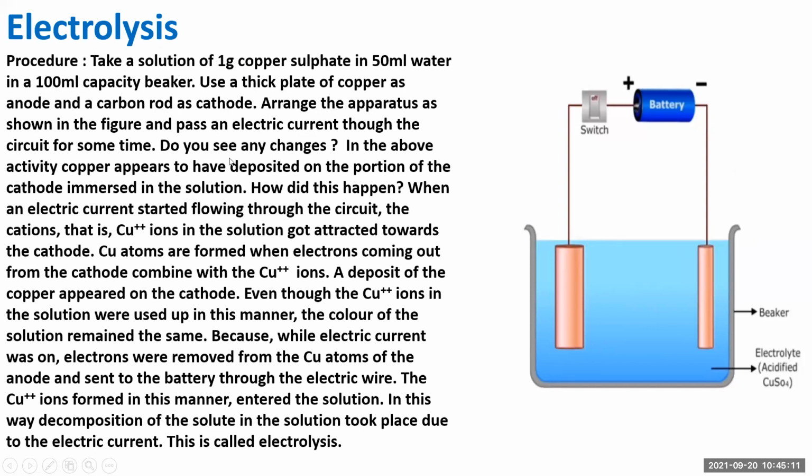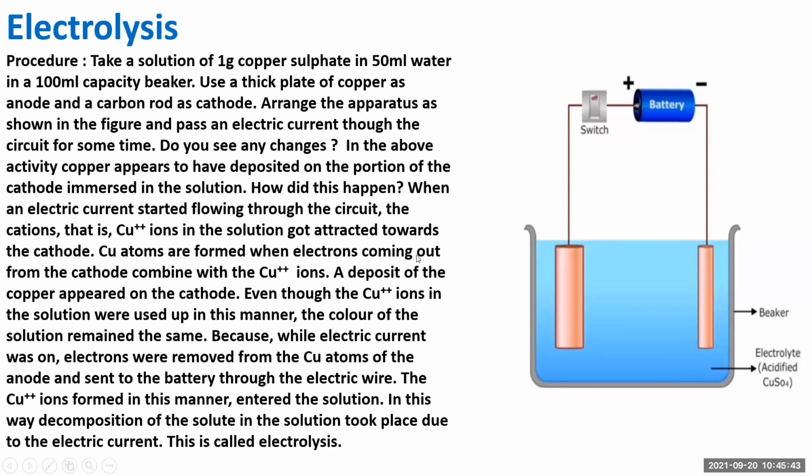Do you see a change? In the above activity, copper appears to have deposited on the portion of the cathode immersed in the solution. How did this happen? When an electric current started flowing through the circuit, the cations, that is Cu2+, the valency of copper here is +2, got attracted towards the cathode.